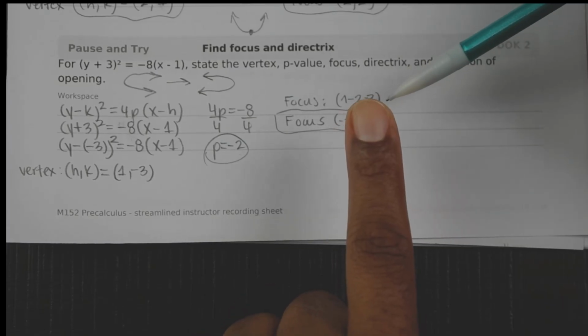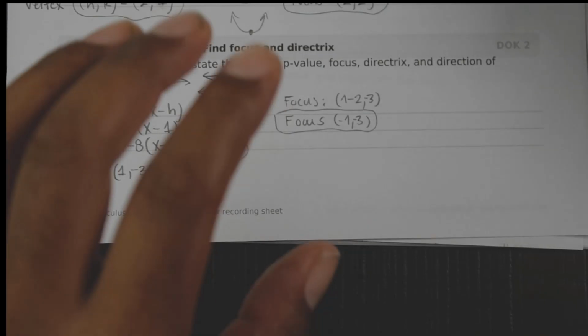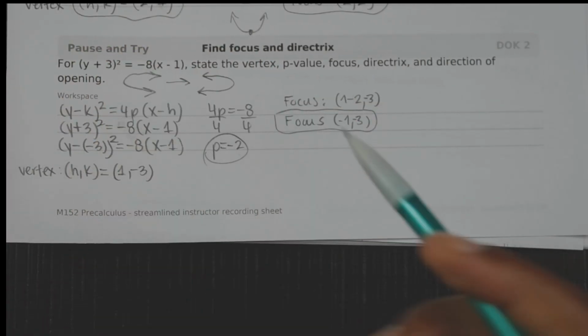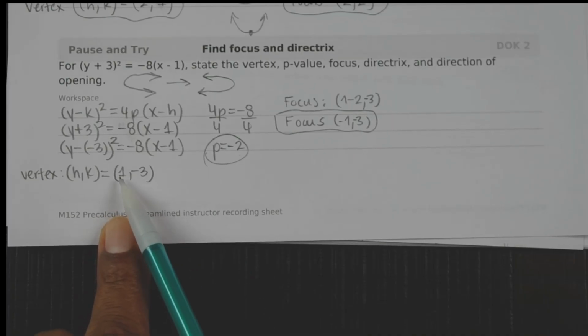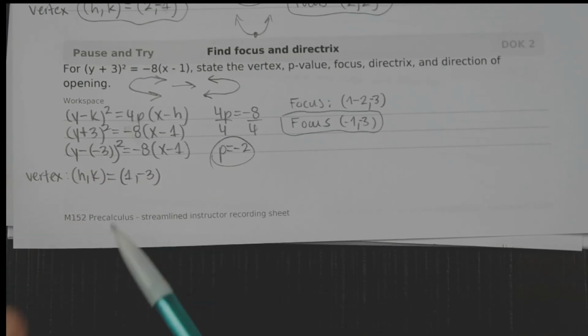So again, that would be moving over here to the left. So keep that in mind. So the directrix is on the opposite side, since the focus is on the left side of the vertex, the directrix is on the right.